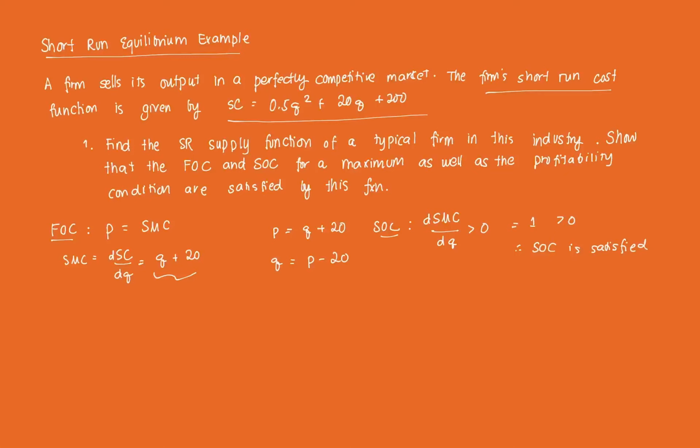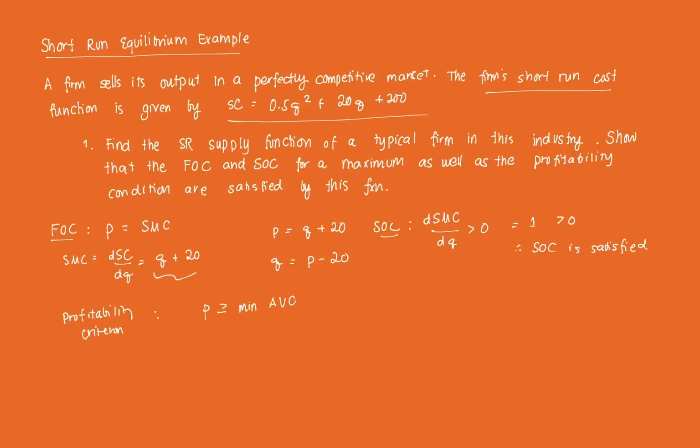So we have one last condition, which is your profitability criterion. It requires that P should be greater than or equal to the minimum of average variable cost.